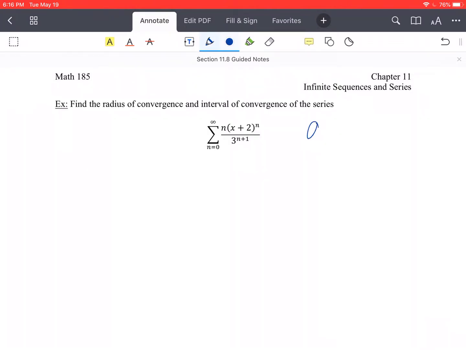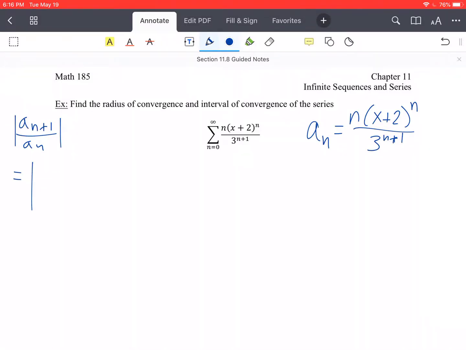So let's establish our series a sub n. That's n times (x plus 2) to the n over 3 to the n plus 1. So again, we're going to look at the ratio of these.